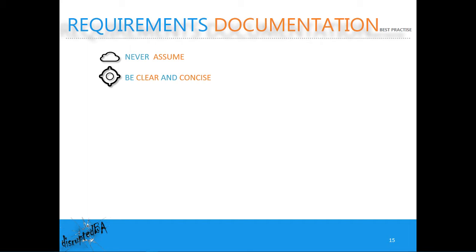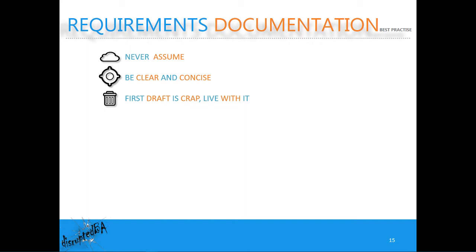So if I put a document in front of you and it had 5 pages, it went at the bottom of the pile because other documents had 50 or 150 pages and they were deemed to be more important. Those days are over. Be clear and concise. Remove anything that's redundant, is not of value. Get to the point and say what you need to say.